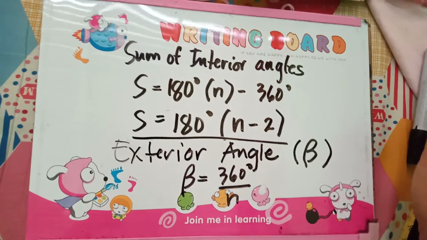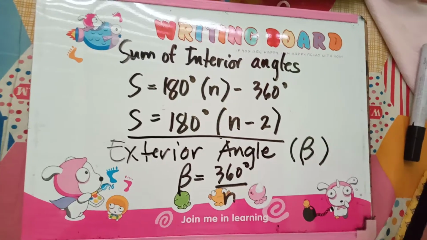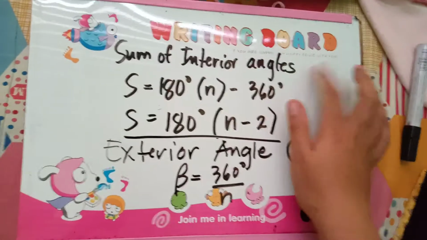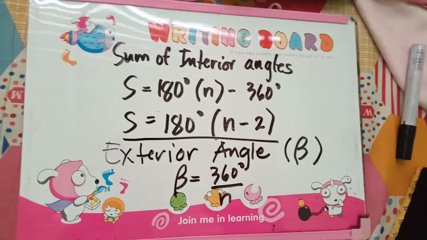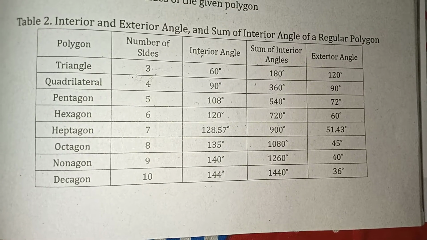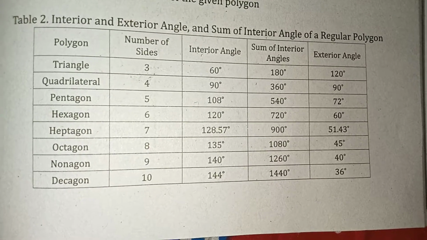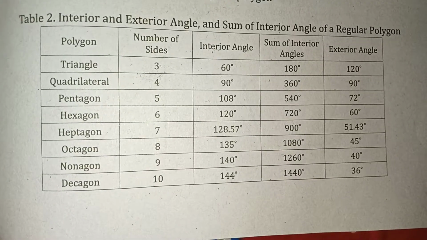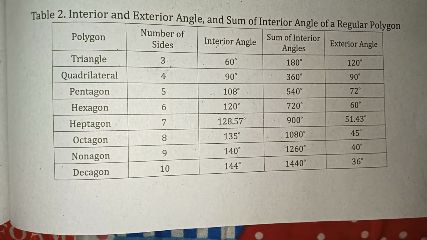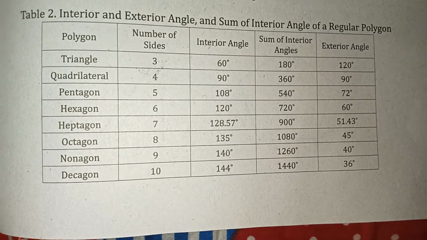I'll be giving you the table for the interior and exterior angle and the sum of interior angles, given the number of sides of the polygons. Here we have table 2, with the interior and exterior angle and sum of interior angles of regular polygons, meaning polygons with the same measurements of lengths and also of angles.